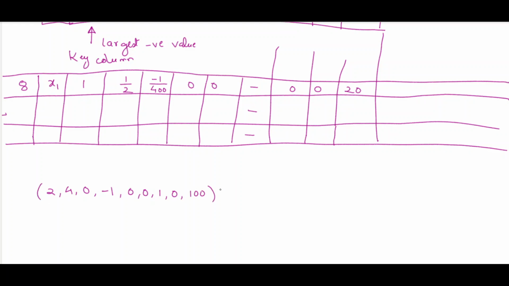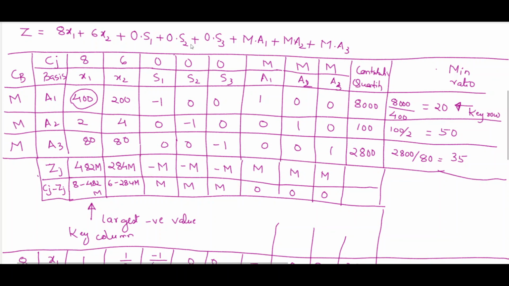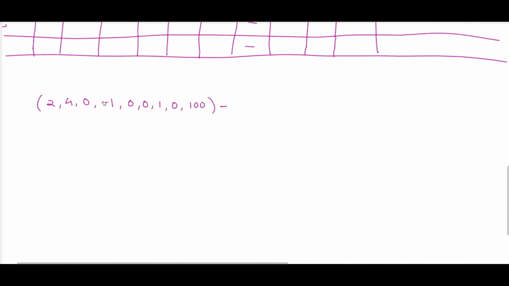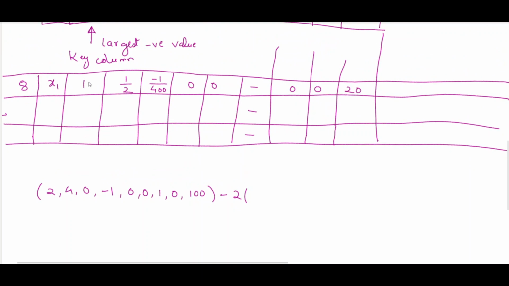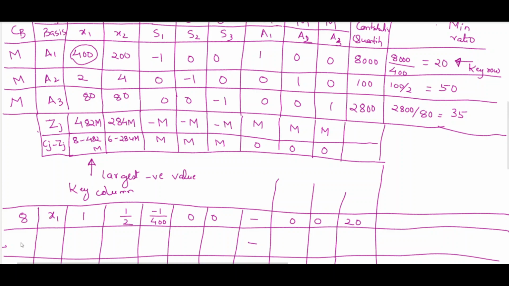This much minus your intersection element, that is for this row it is 2, minus of 2, and the latest row that you have filled, 1, 1 by 2, minus 1 by 400, 0, 0, dash, 0, 0, 20. Now this part you will do in your rough copy. It is for your understanding only, so that you can enter the values in this second row.